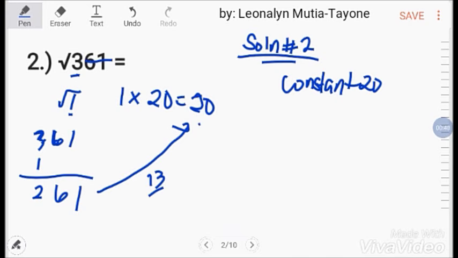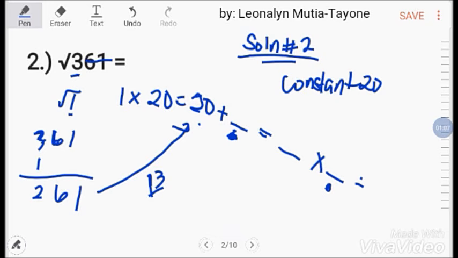Itong 20 na to, ilagay mo siya ng 30. Kasi mataas siguro, it's either 9 ang i-add natin. Dapat pareho. Tapos, i-multiply natin. Equals. Dapat ito, tsaka ito pareho. So, ilagay natin 30 siya. 261, 30 para whole number siya, mas madaling ikuwenta.